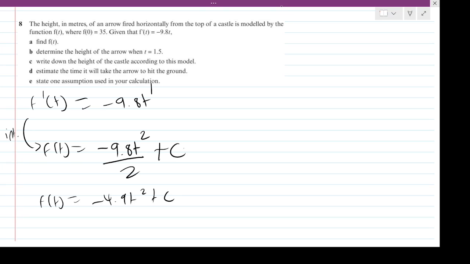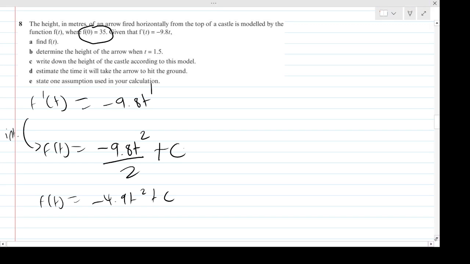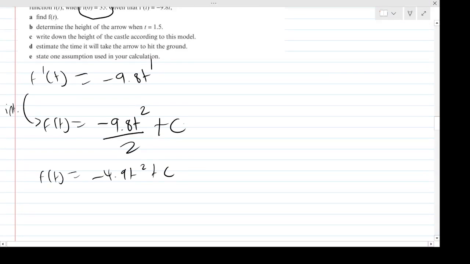Okay, cool. Can I find c? Yes, I can, because I've got this information here. I've got f of 0 is 35. So f of 0 means t is 0. I'm plugging into my function. So when t is 0, I'm going to get minus 4.9 lots of 0 squared add c.